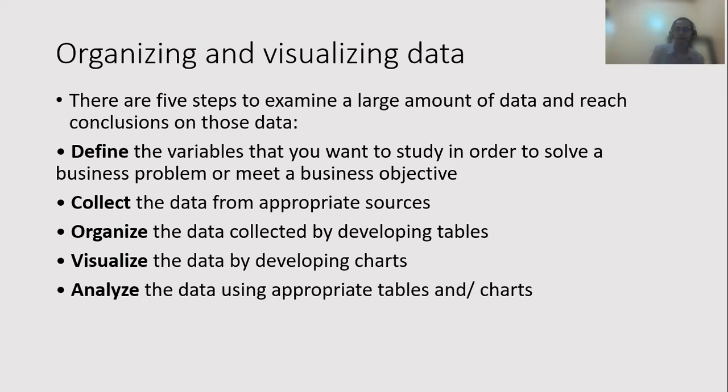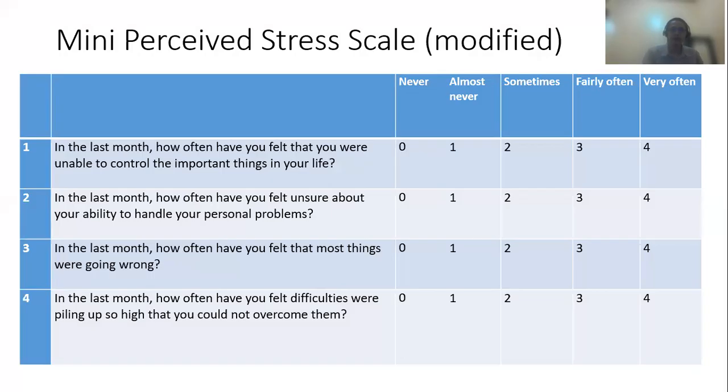It's about the variables that you're interested in. For instance, I was interested in the level of stress during the pandemic. So if we get back to the previous slide, my variable is stress, right? A variable, again, is something that you want to measure, something that you want to investigate, something that you are interested in calculating.